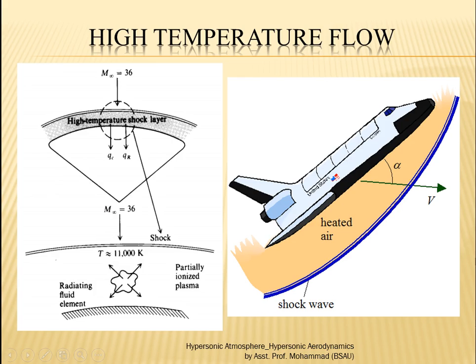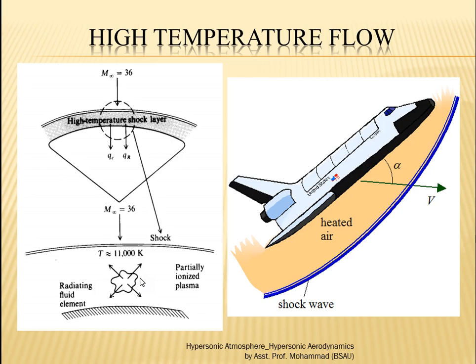Now without any combustion, just because of high velocity and generation of a shock, which is of the nature of a normal shock here, we get a temperature of something like 11,000 Kelvin. This high temperature is again very much capable of ionizing the fluid in this region. So a strong normal shock at very high Mach number can generate very high temperature within the shock.